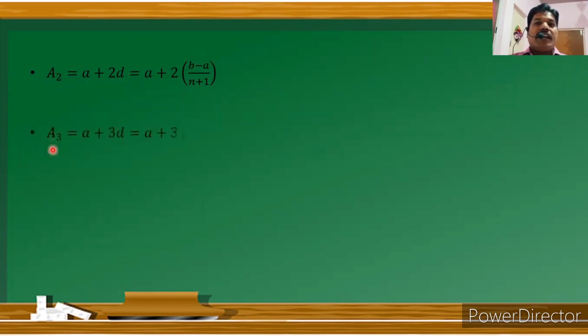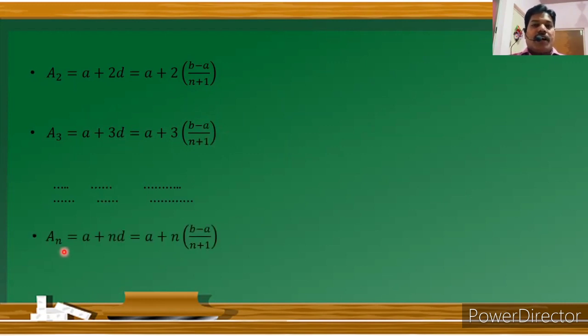What is A3? A3 can be written as a plus 3d. A3 is the fourth term actually. So a plus 3d, d value is nothing but b minus a by n plus 1. I understand, students? And so on. In the similar way, I am going to write An.